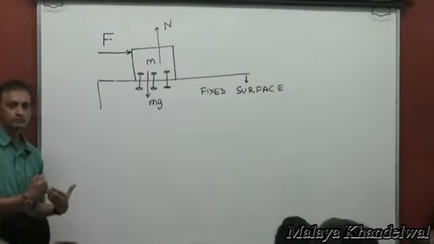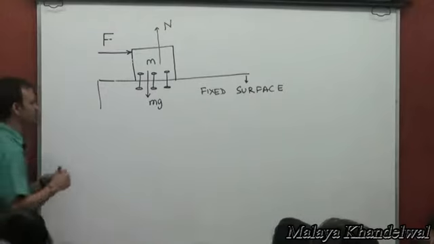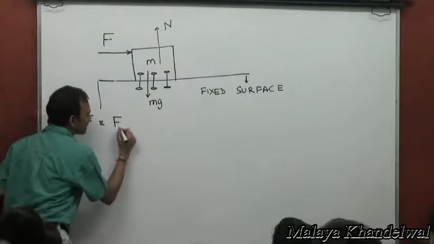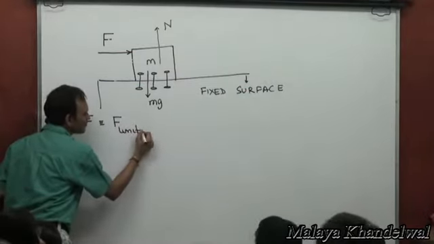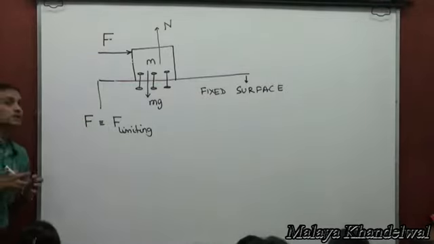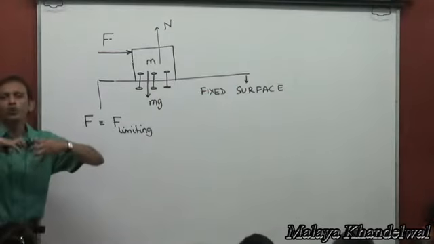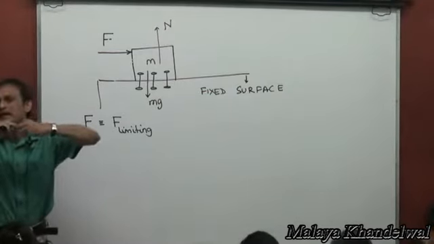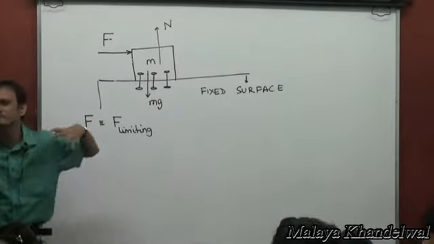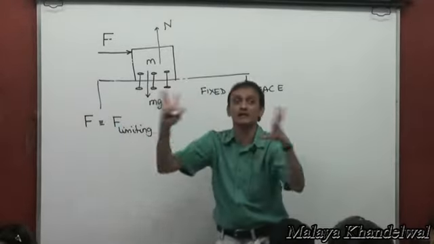After a while, or rather for a certain value of F, when F becomes, let's say, F limiting, then these pins are on the verge of breaking up. They would sever links with M. These pins would mechanically break up.